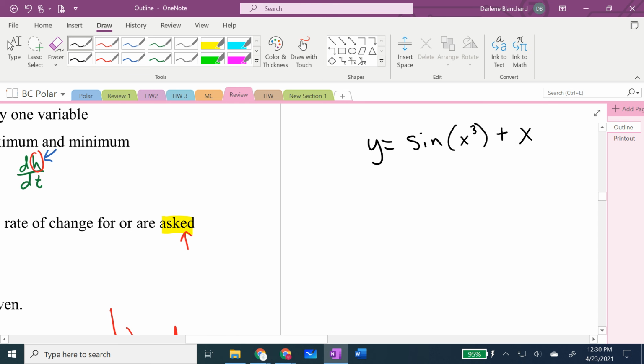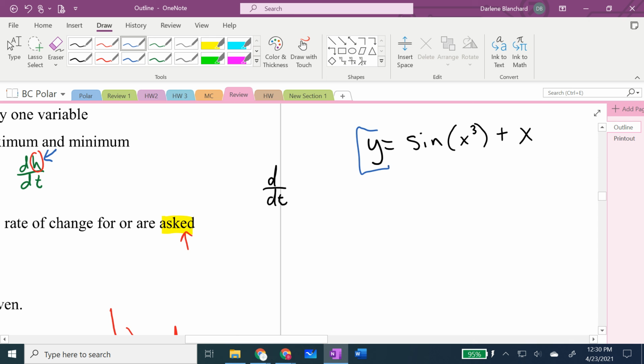Let's say this is what you're given, and you know that you need to differentiate with respect to time. None of the variables here are t. And I'm going to show you two ways that you can handle this. And I'm telling you, implicit differentiation is going to show up, and a good enough amount to pay attention.